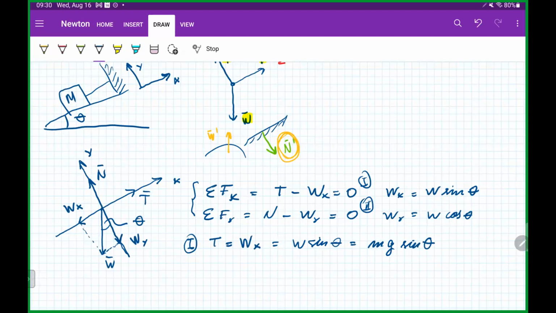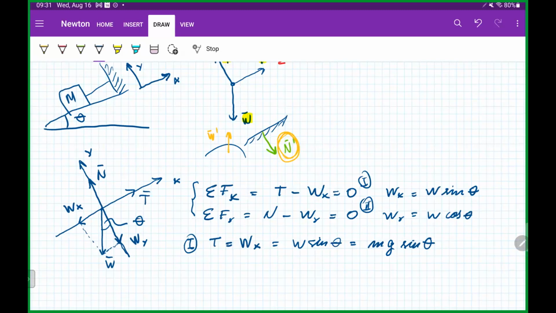Nathan, should our goal when establishing a frame of reference be to plot the unknown forces on the axis? Well, yeah, you will need to do that to be consistent when you're calculating the net forces, right? So you need to do that to calculate the net force in each of the axes.